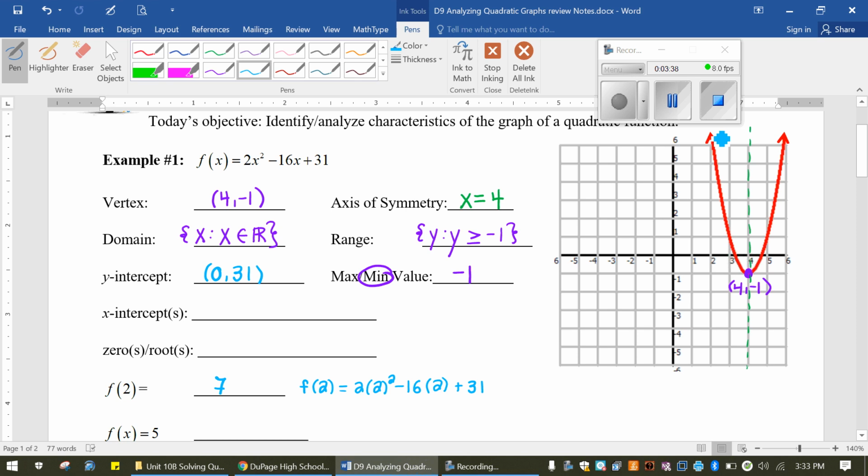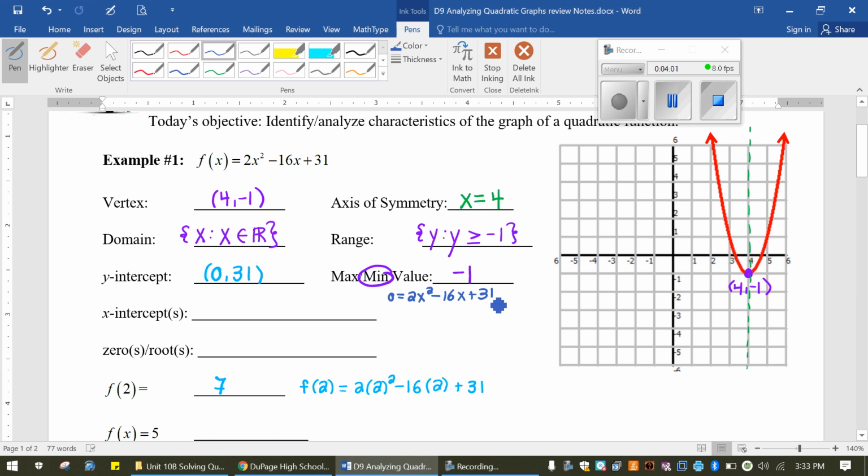X-intercepts. X-intercepts are where we are crossing the x-axis. So if we look on our graph, we can see that they're not perfect answers. But we need to put in 0 for y. And then we've got this 2x squared minus 16x plus 31.